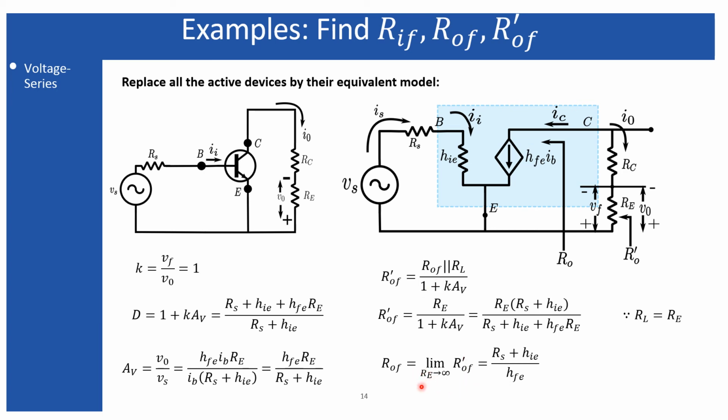So by making this load impedance, or the emitter resistance, infinity, we have the expression for Rof as shown over here. In this way we can find the output impedance for the voltage series feedback of the circuit that was presented in this case.